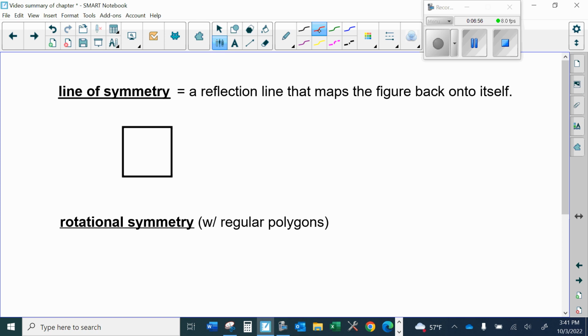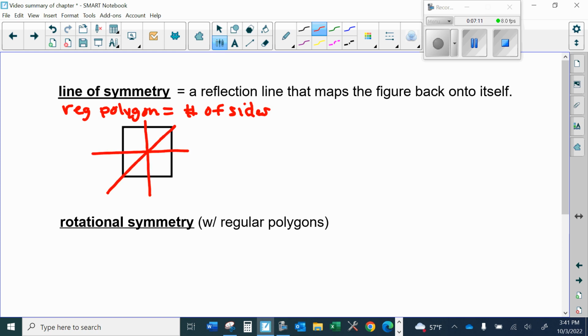If it's a regular polygon, then it's going to be the number of sides. It's how many reflection lines it has. Where are these? I could split it there, there, there, and there. All those lines would reflect back onto itself. So there'd be 4 reflection lines.